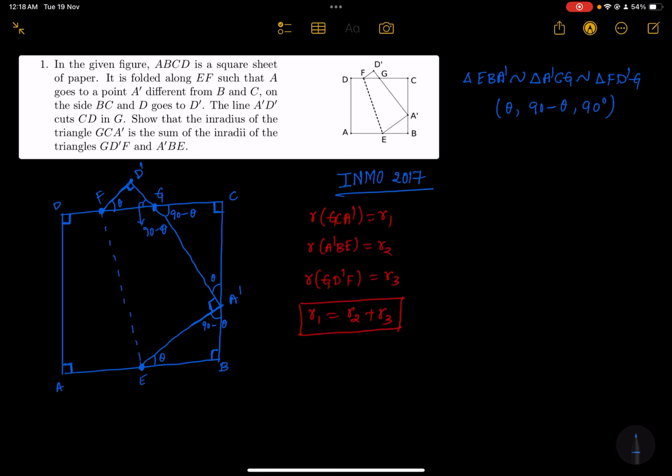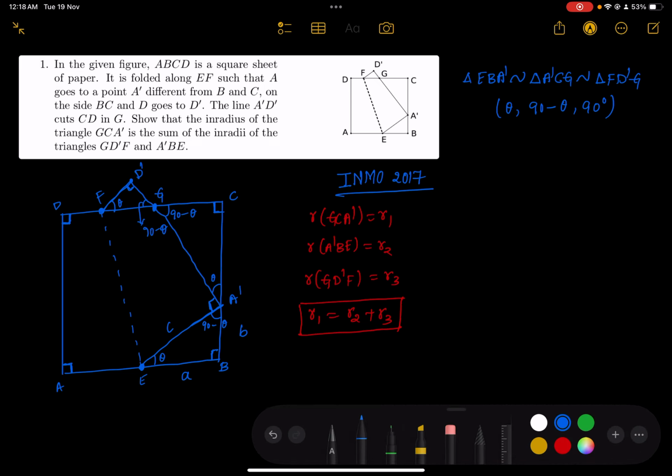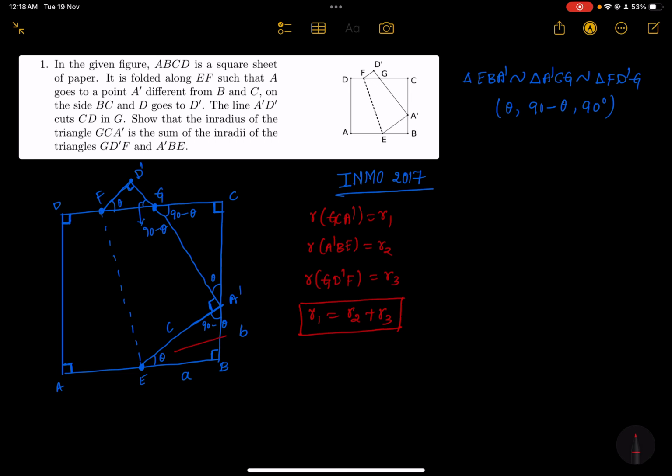So these three triangles are similar. So let us say EB is B, A dash B is A, and A dash E is C. Since triangles A dash BE and A dash CG are similar, the side opposite to theta in triangle A dash BE is B.